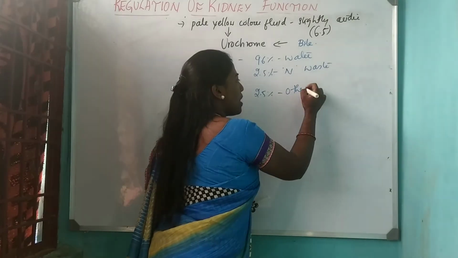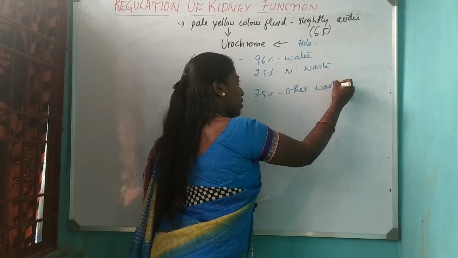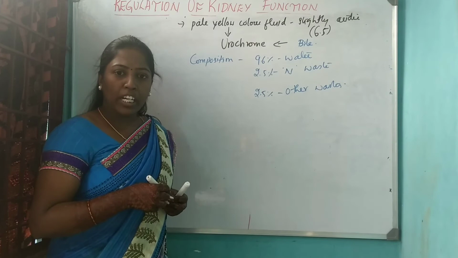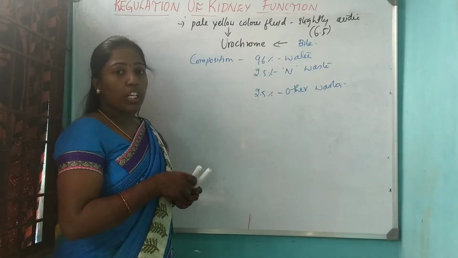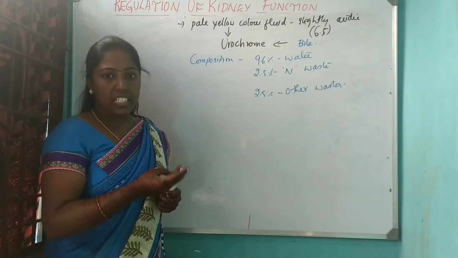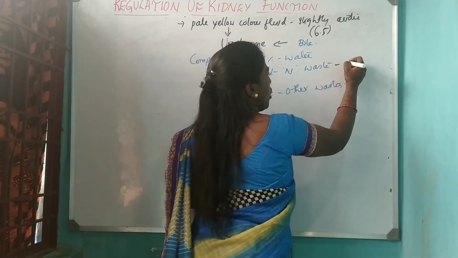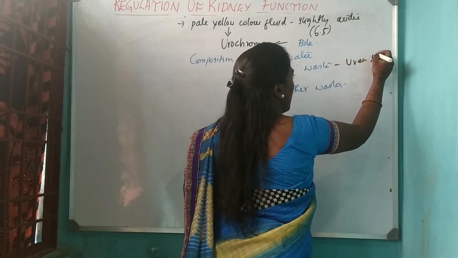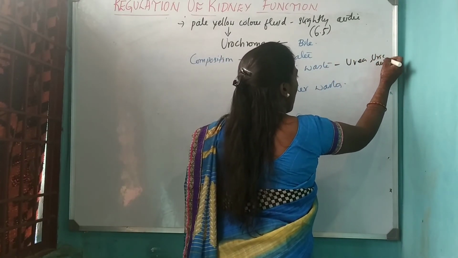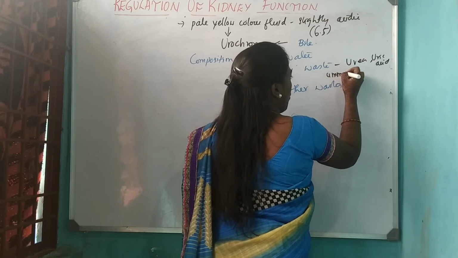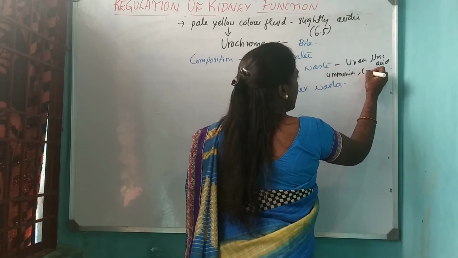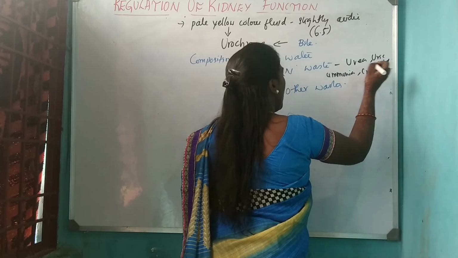The different nitrogenous wastes are urea, uric acid, ammonia, and creatinine, which are found in the urine.